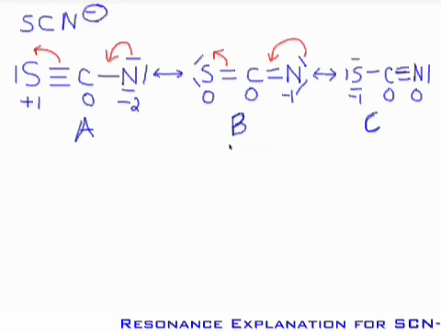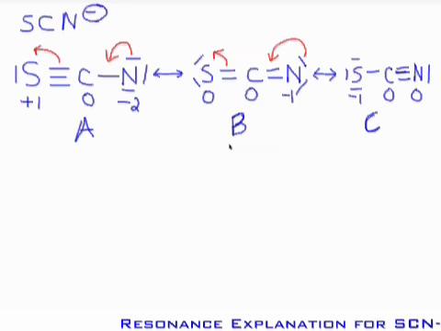We have to go to 5b, which states the more important structure is a structure that puts a negative charge on the electronegative atom. And so we have to look at 2 atoms here. And hopefully I memorized my electronegativity trend. I take a close look, and I see nitrogen has a negative charge in B, and in C, sulfur. Who's more electronegative, nitrogen or sulfur?